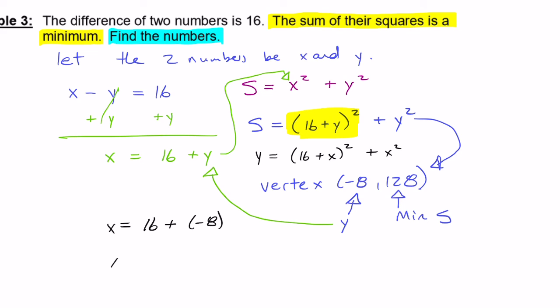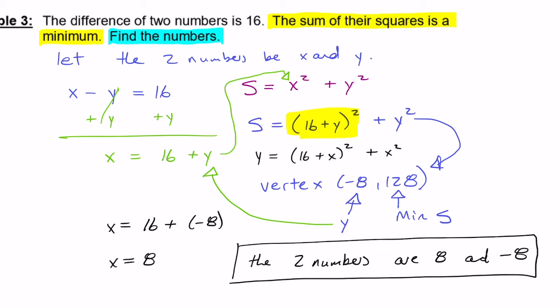Well, that's 16 minus 8, which is 8. So the two numbers with the minimum sum of squares and a difference of 16 are 8 and negative 8. So I'm just going to state that. The two numbers are 8 and negative 8.